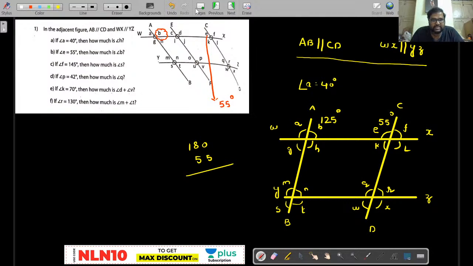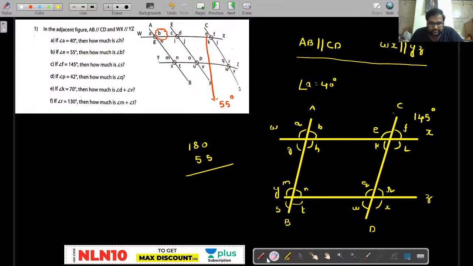If F is, the question asked is, if F is 145, now where is F? F is 145, right? Now, if F is 145, now how much will be E?